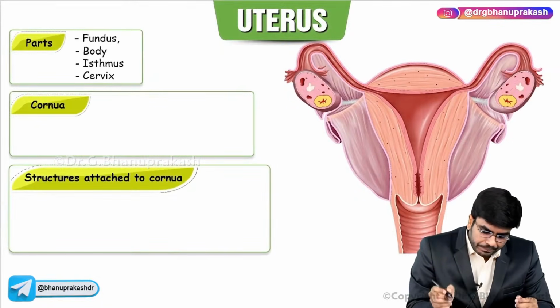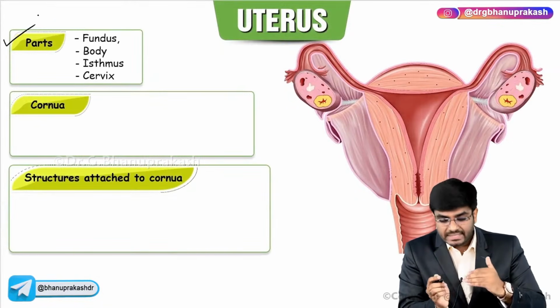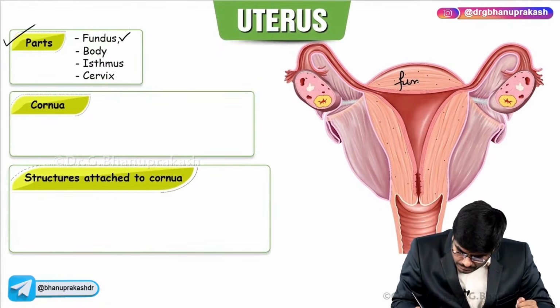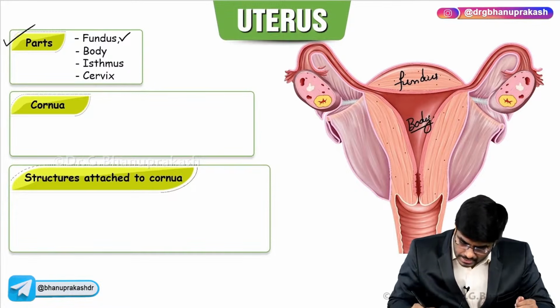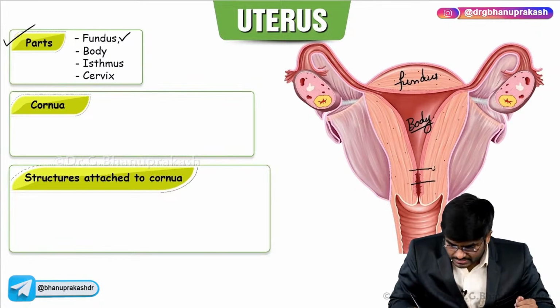In the uterus, how many parts are there, guys? The uterus was divided into the fundus. This part is known as the fundus and this part is the body of the uterus, and there will be an area known as the isthmus.